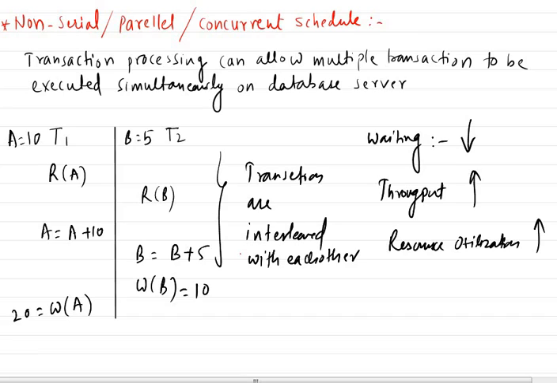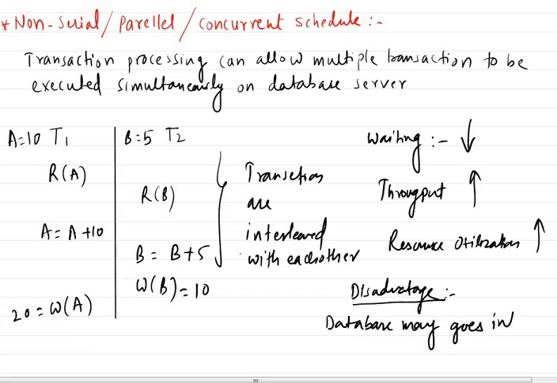What is the disadvantage of this non-serial schedule? Because of the interleaving process, the database may go into an inconsistent state.